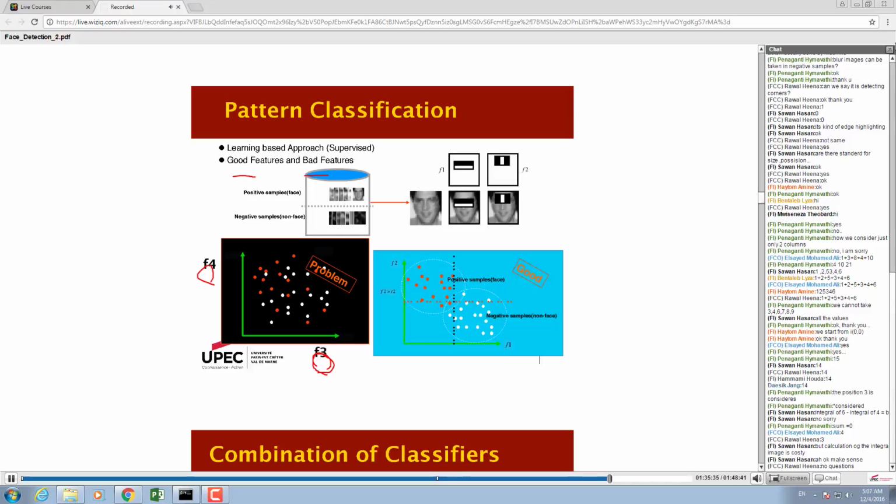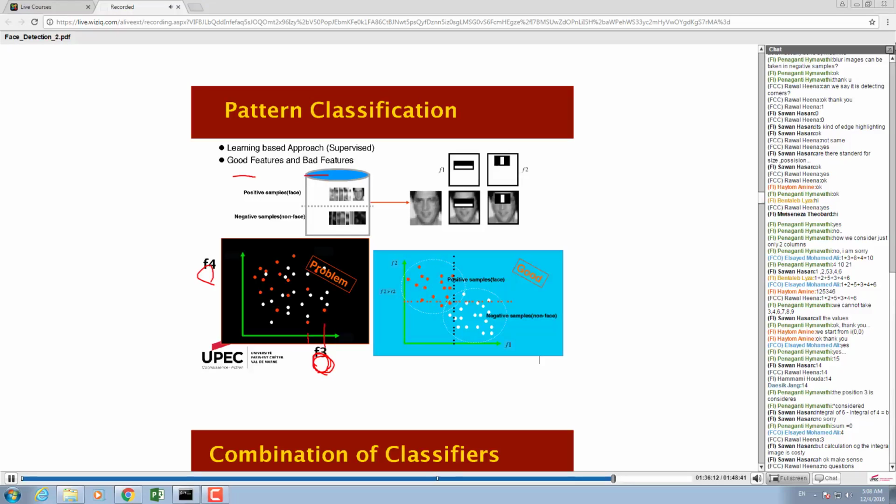F3 is one of the highlight features. A highlight feature is basically a subtraction value, using the integral image, whatever. It generates just one number, one subtraction value, for every sample image. F4 also generates another value for every sample.